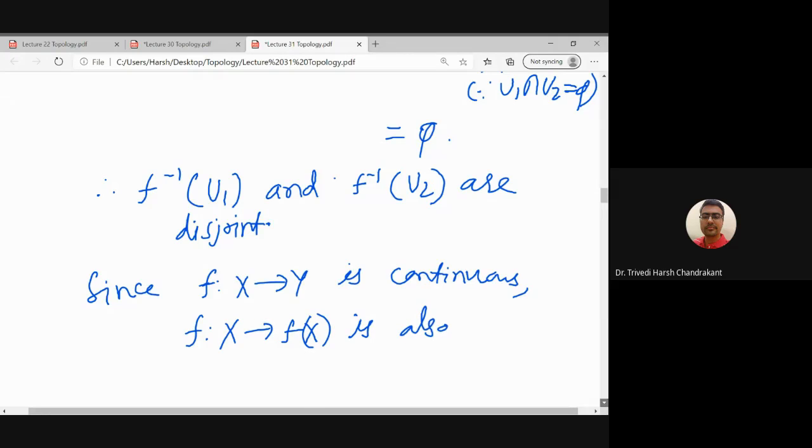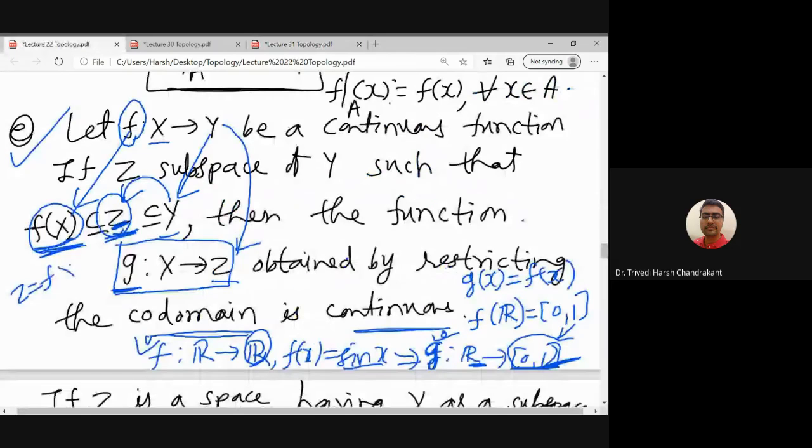This is what we discussed in this result. Basically Z is f(X) we are taking, so considering f from X to f(X), that function is continuous.